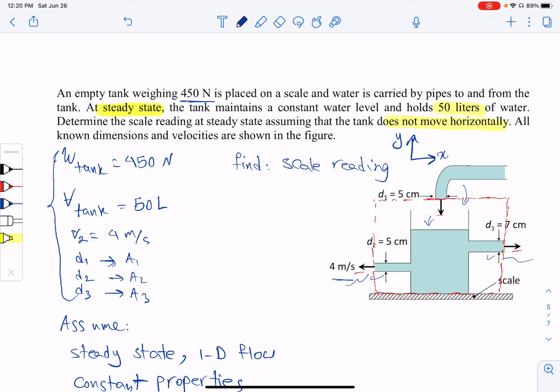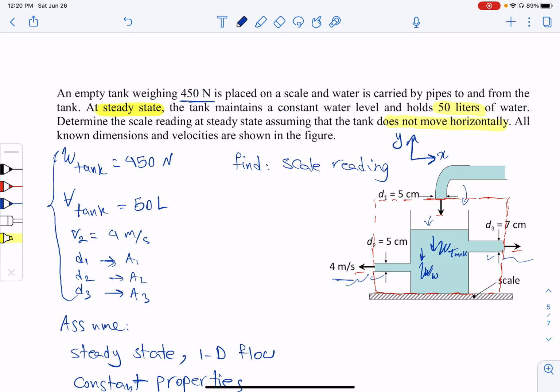And for the mass flow and the momentum, we need also to show all of the forces on the control volume, right? So we have the weight of the tank when it's empty. We have also the weight of water in the tank.